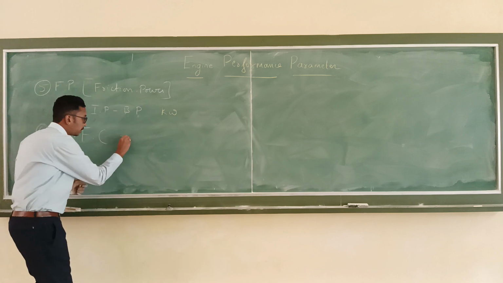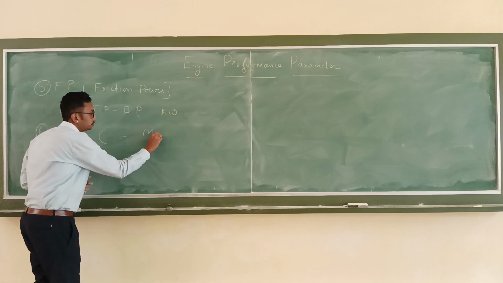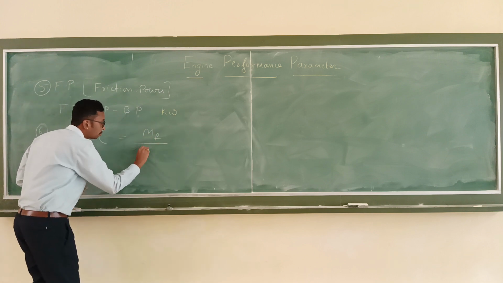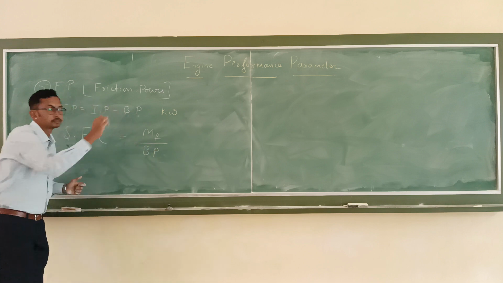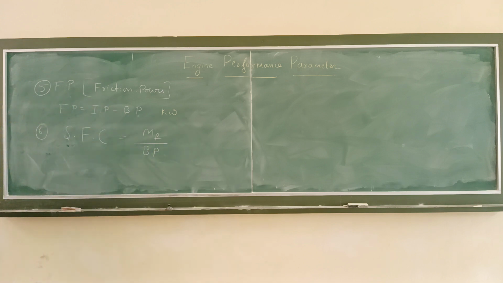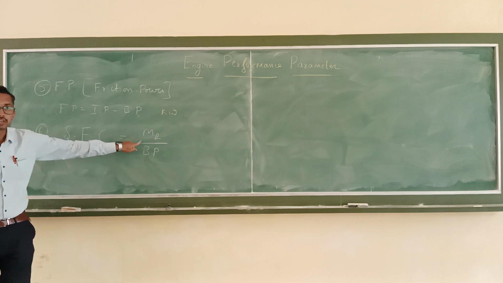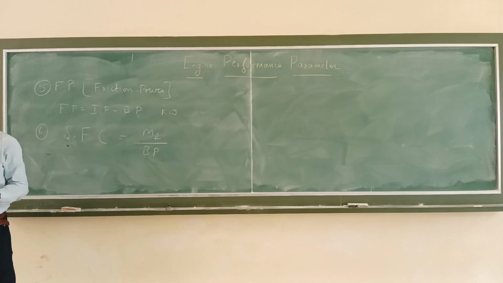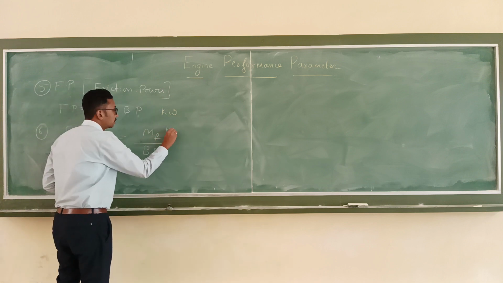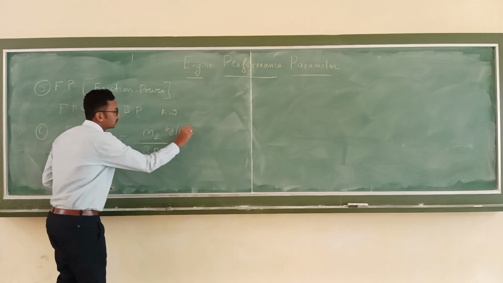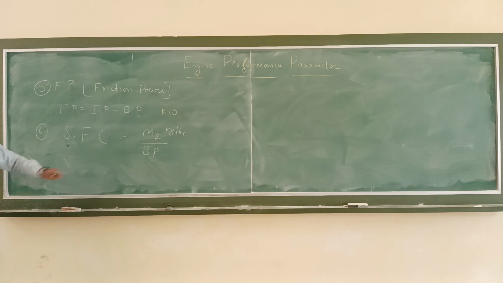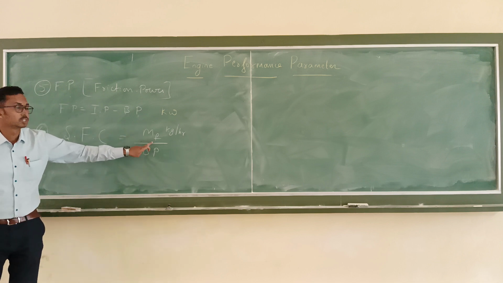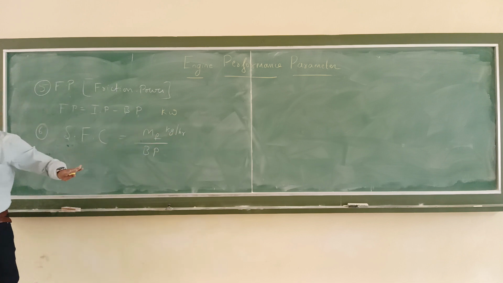So that is given by MF divided by BP. So what is the MF? Amount of fuel consumed. That will be kg per hour. The unit of the mass of fuel consumed must be in kg per hour.